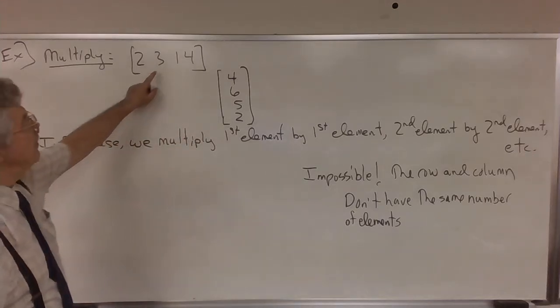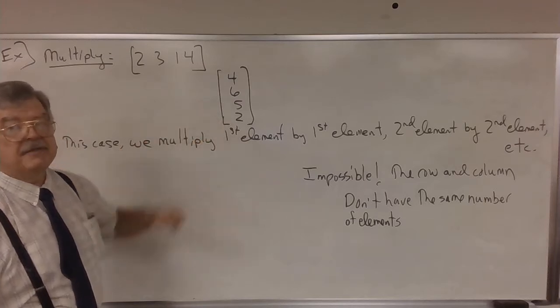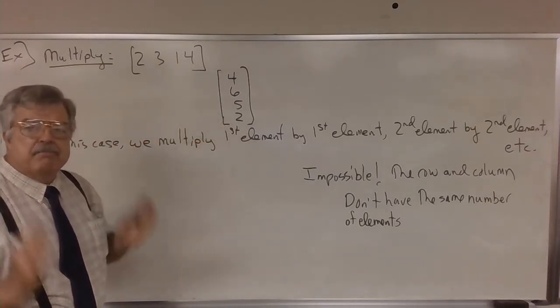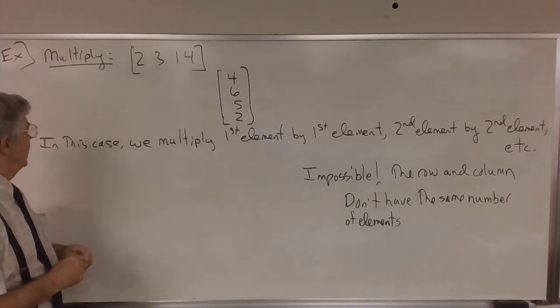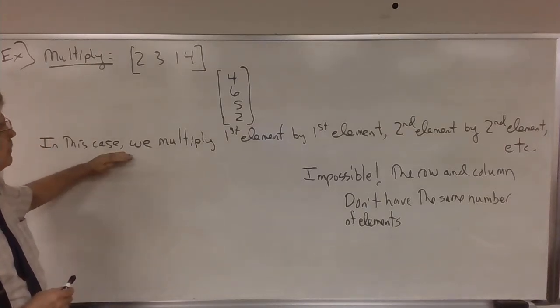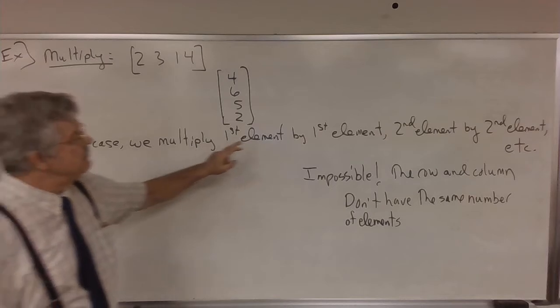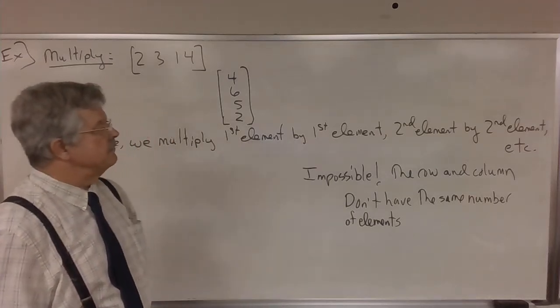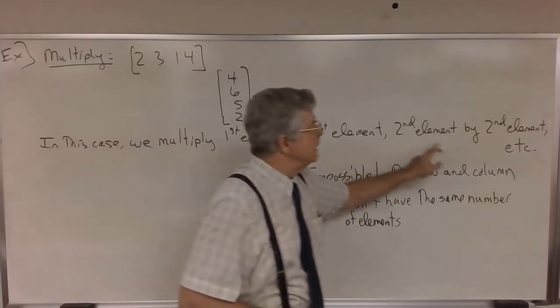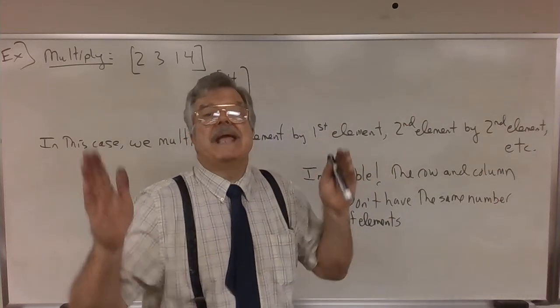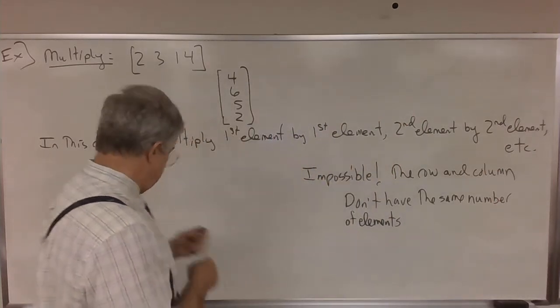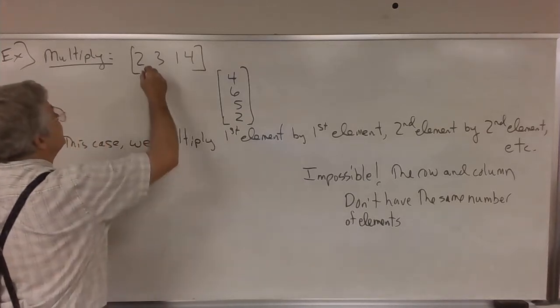We have the row on the left, the column on the right, that's good. And they both have the same number of elements. And what we decided was we multiply first element by first element, second element by second element, and so forth. And then we add everything up. So let's see.